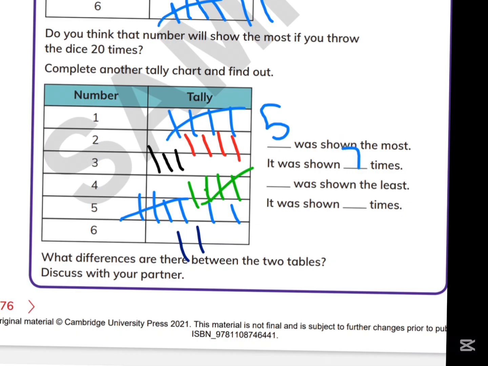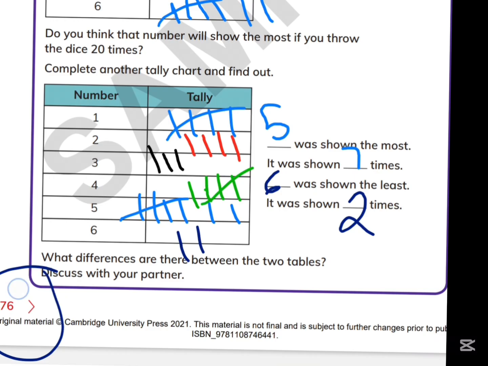All right, this was shown the least, 6. We will use the same color, 6. How many times it shows? 2 times. So this is shown least. So stop the video, write the answer, then we will go towards the another page.